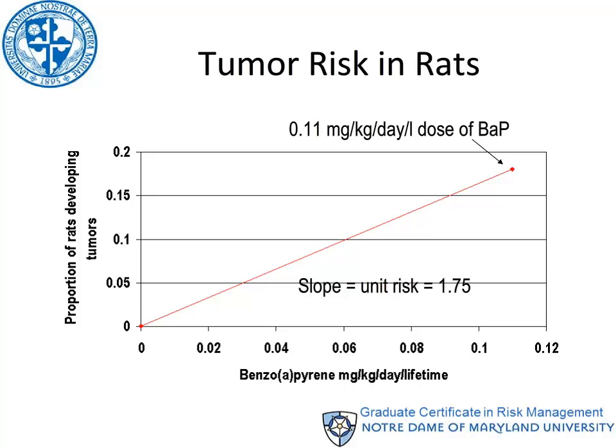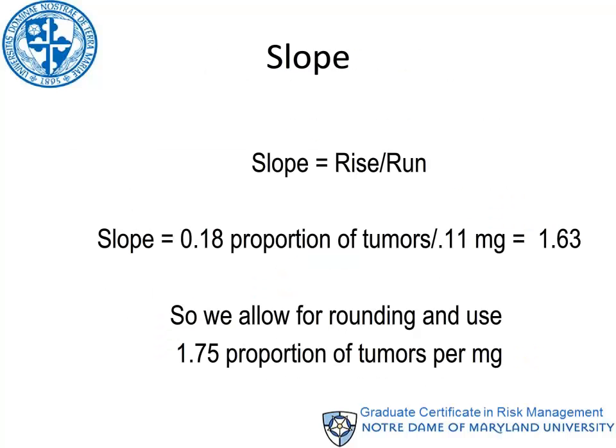I do want to give you a caveat here. There was rounding in the study, rounding in the way these numbers have been reproduced. So don't get too worried about the mathematics because there will be some rounding errors that you'll see if you try to reproduce these. Let's quickly review slope. Slope is rise over the run.